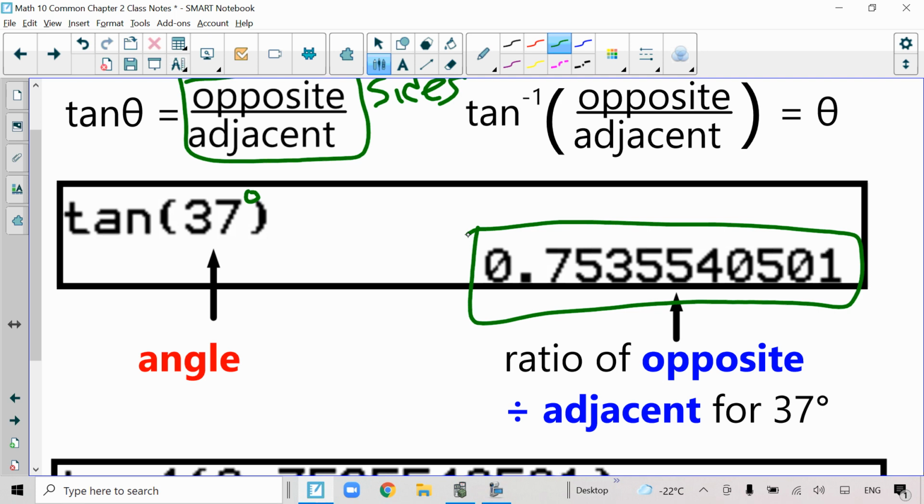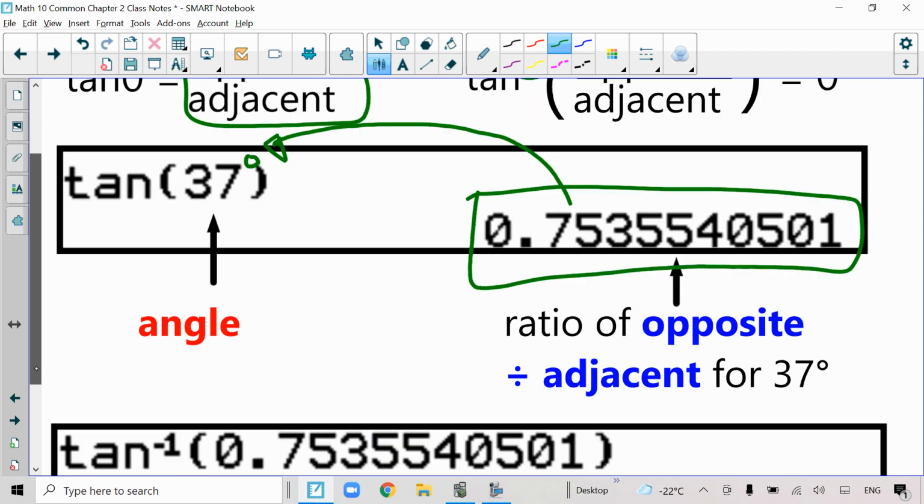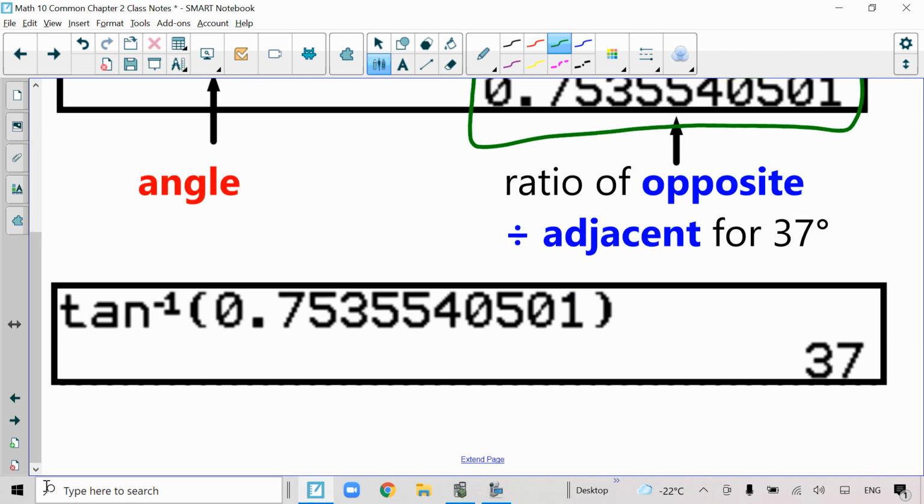For a 37-degree angle, the ratio of the opposite and adjacent side is about 0.8. Using tan inverse, I should be able to take the ratio, go backwards, and get the angle. You can see on the calculator, I do exactly that. Tan inverse of that ratio is equal to 37 degrees.